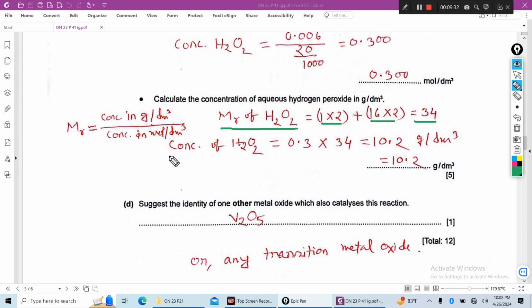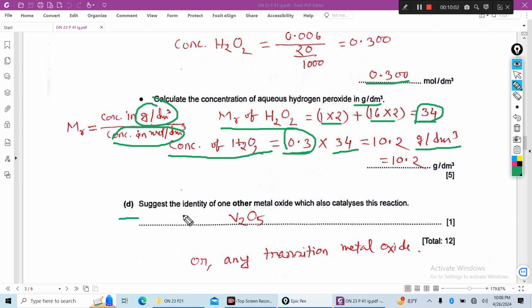Now the concentration of H2O2 in g per dm³ is asked here. The concentration in mol per dm³ you already calculated, 0.3, times relative molecular mass of H2O2, 34. So 10.2 g per dm³. This is the answer.